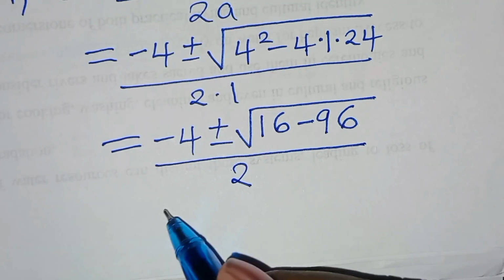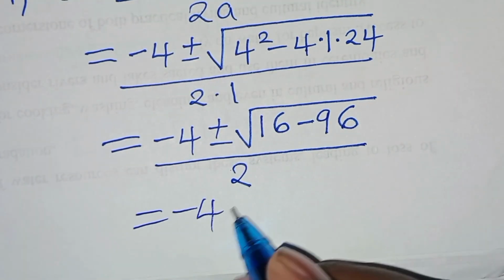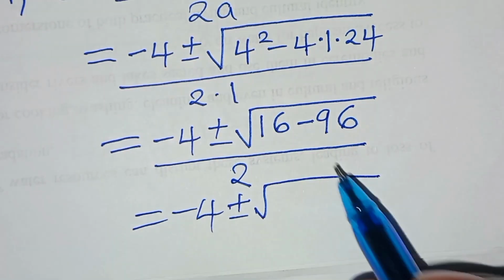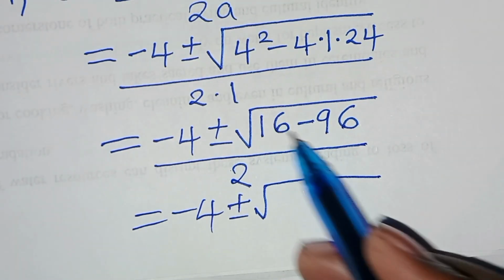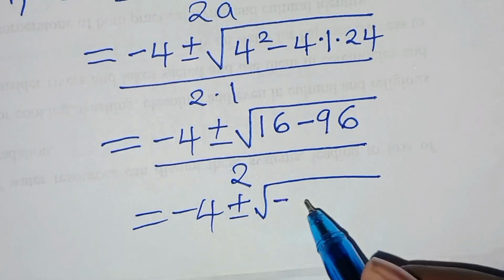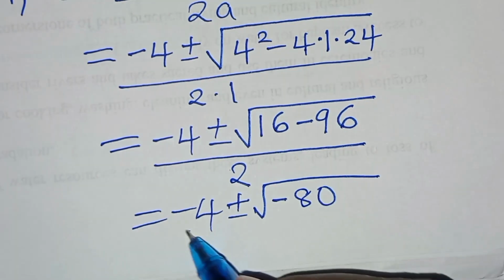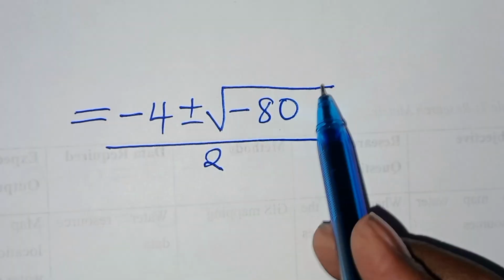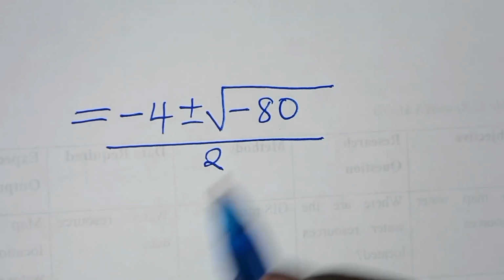So we have minus 4 plus or minus the square root of 16 minus 96. This is minus 80, divided by 2. Have minus 4 plus or minus the square root of minus 80, divided by 2.